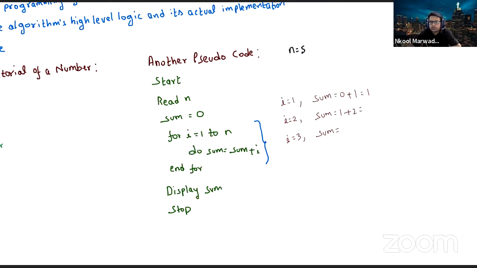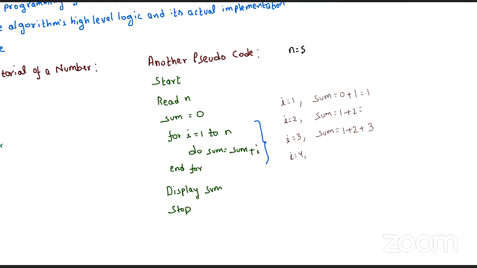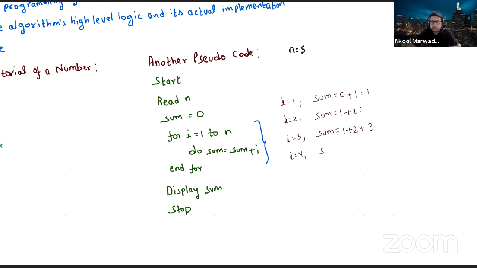So sum is equal to the initial value of the sum, that is 1 plus 2, plus the value of i, that is 3. Then i will be 4, because this loop will run till i is equal to 5. When i is equal to 4, sum is equal to 1 plus 2 plus 3, plus i, that is 4.